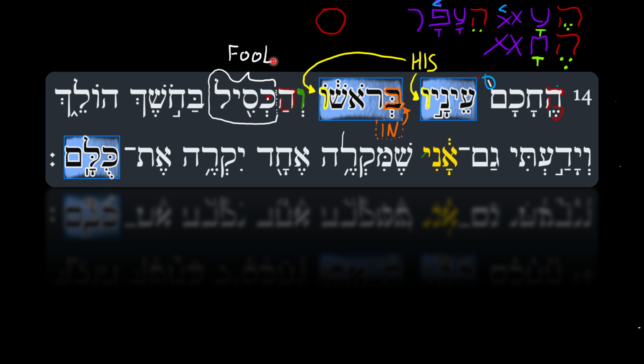True to biblical Hebrew parallelism form, we have over here the wise man, and now in parallelism, the opposite of a wise man, however you would like to call that, the kasil, the idiot, the fool.